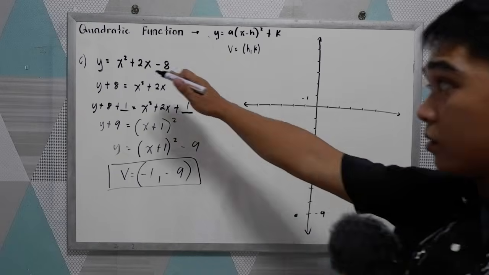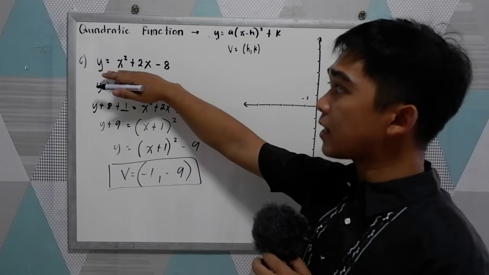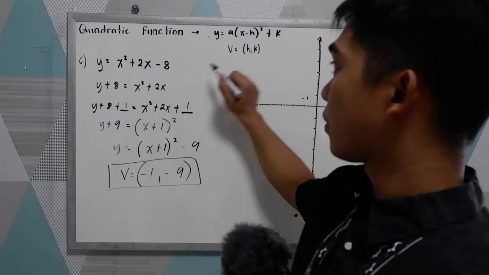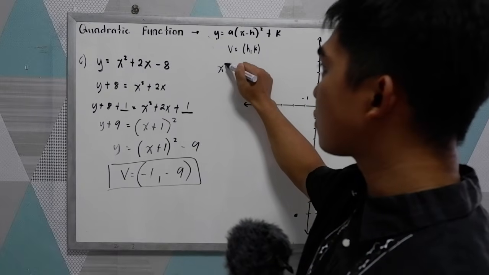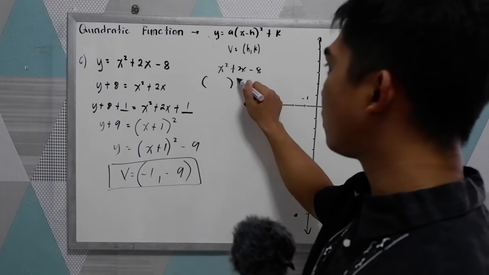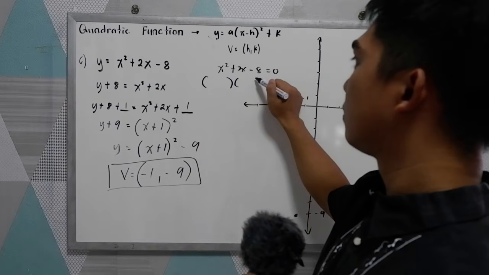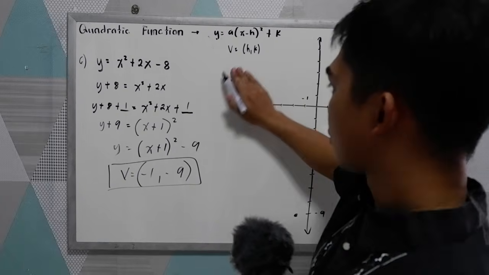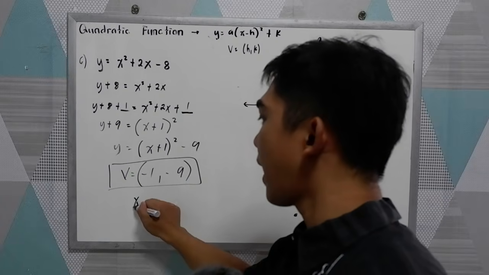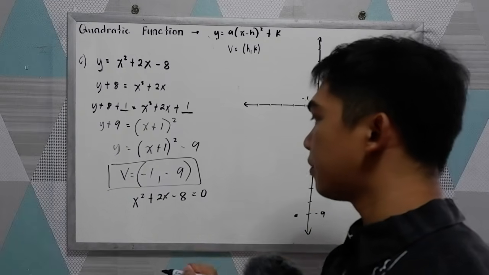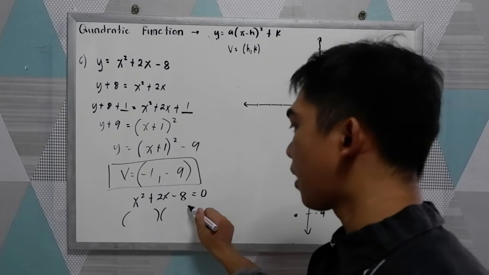Now, using our original given, we can get our x-intercepts. So factor x squared plus 2x minus 8, equate it to 0.